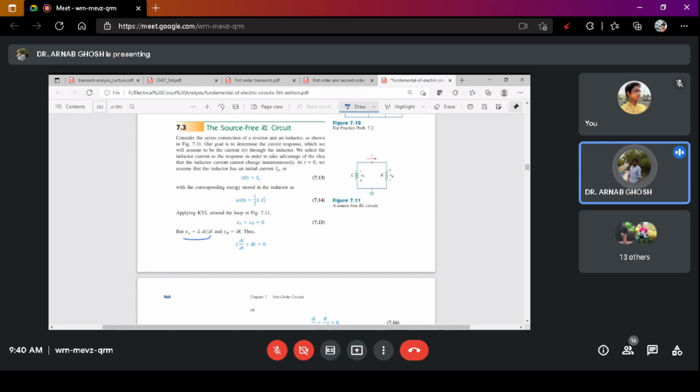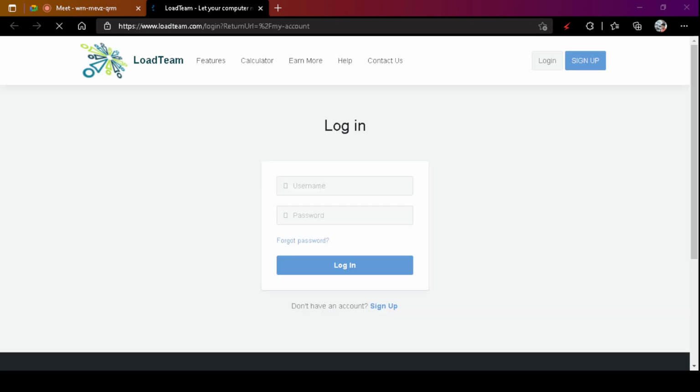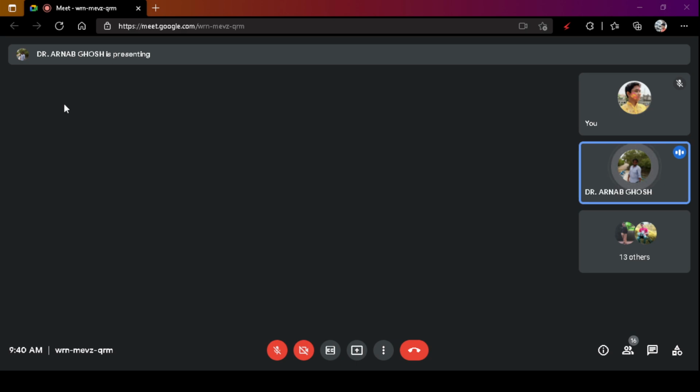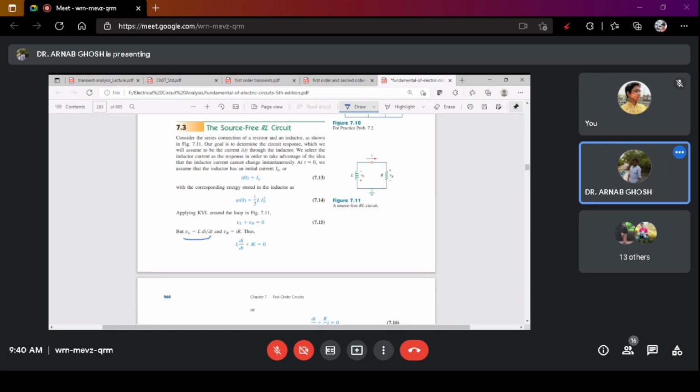I discussed last day that we are talking about three times: t equals 0 minus, t equals 0 plus, and t equals infinity. t equals 0 minus is the time before you switch on the circuit. t equals 0 plus is the time just at the instant you switch on the circuit. And t equals infinity is the time after a long time period.